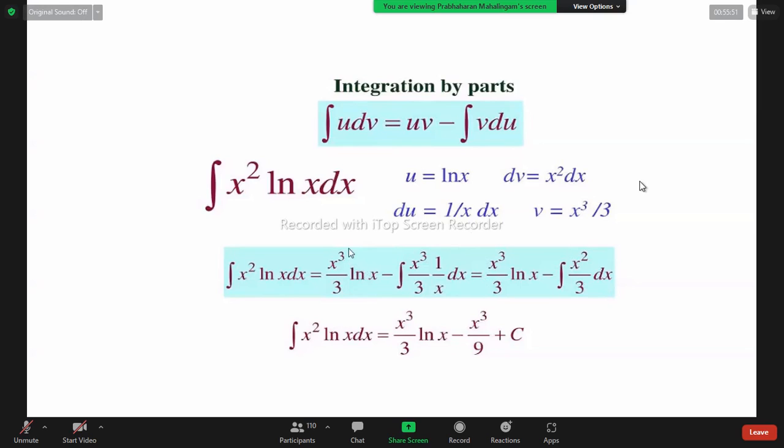Here the integral sign is not there. Don't think about integration here. Keep it as it is, x cube by 3 ln x, minus. Now here the integral sign is there. 1 over x, x cube by 3. When you multiply these two, x cube and x cancel, x square is there, 3 is there.